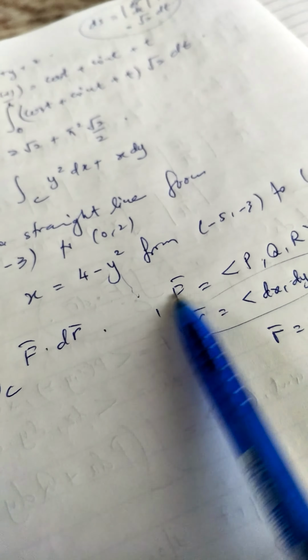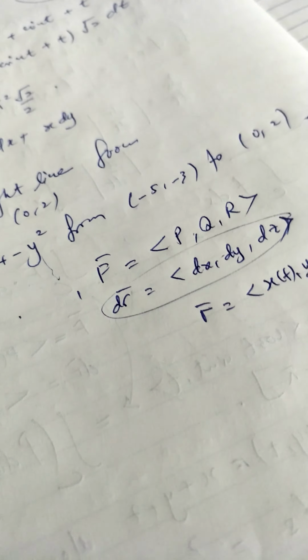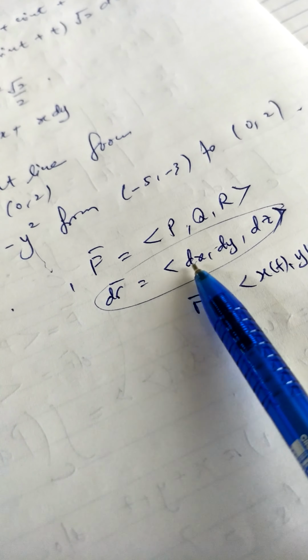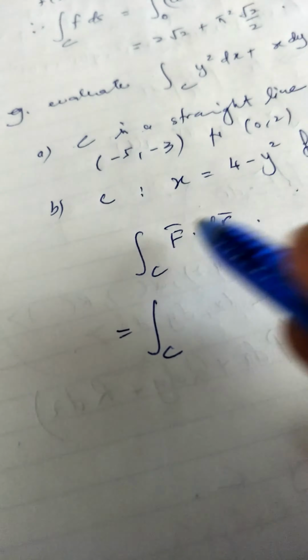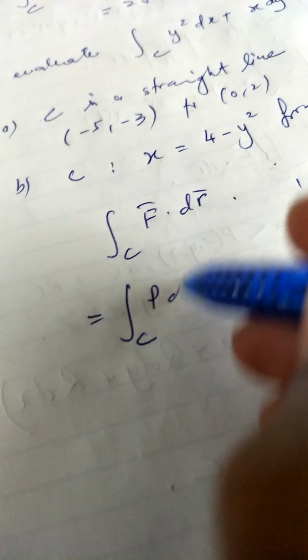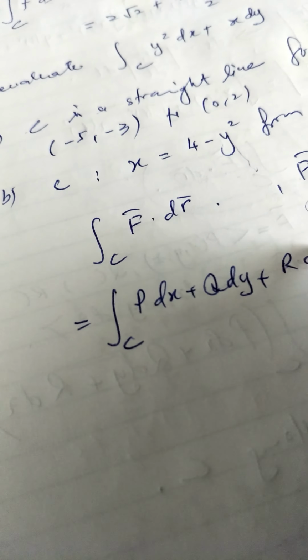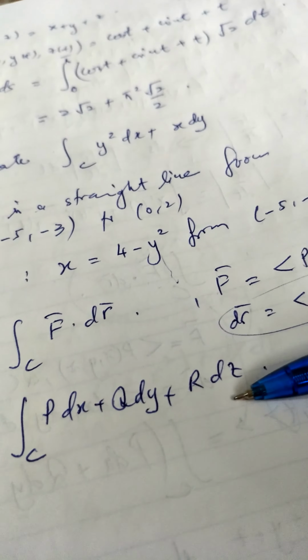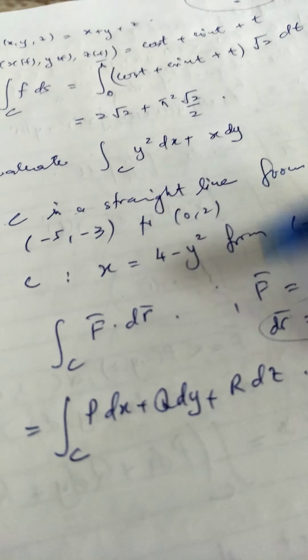So if we use this F with P, Q, R components and dr with dx, dy, dz components, I have explained this earlier, this gives you the integral over C of P dx plus Q dy plus R dz. Now if you compare this general form with this particular problem that we are going to solve, they have a similar form.